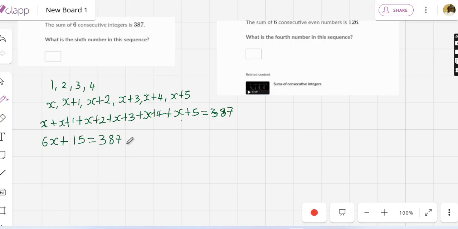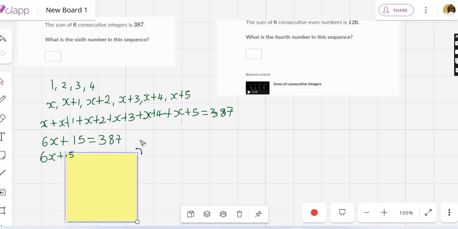It's the same. It's a way of trying to make this number leave the left. So we'll have 6x plus 15, while subtracting 15 from both sides, minus 15.